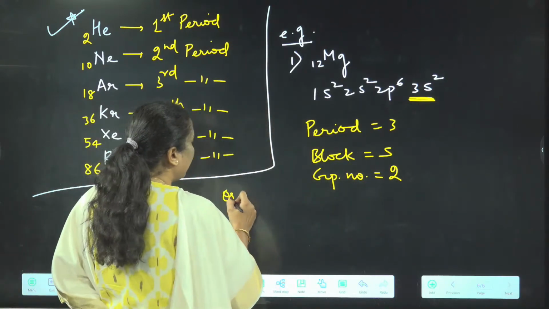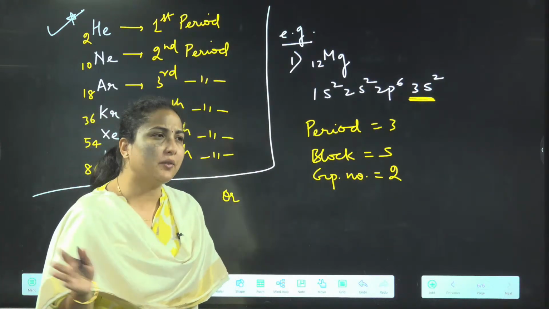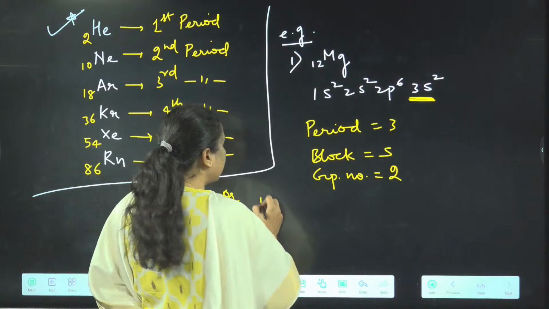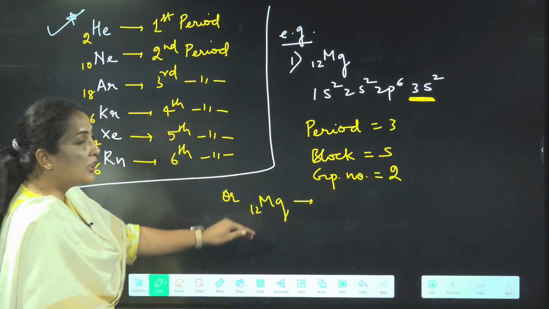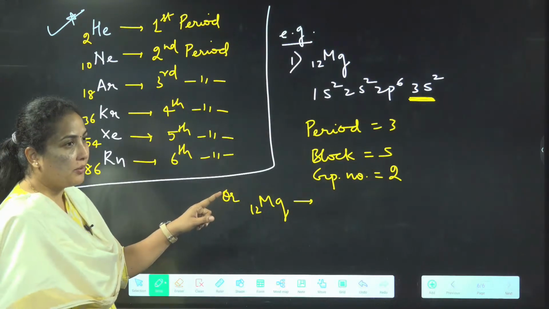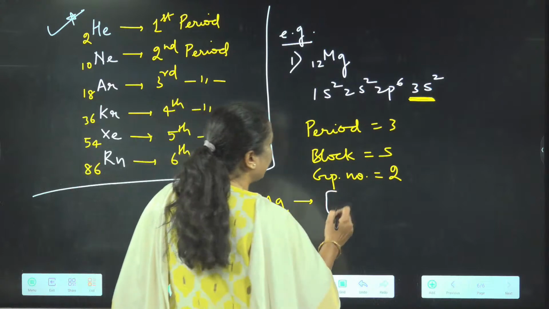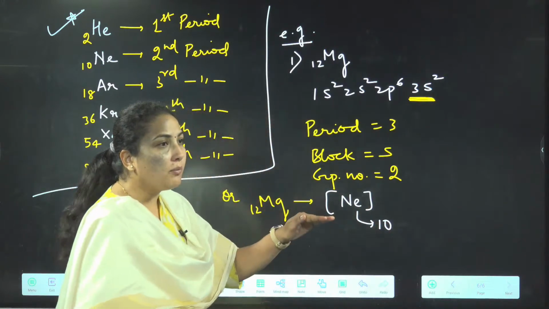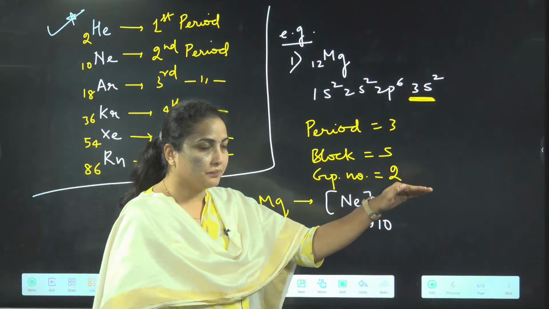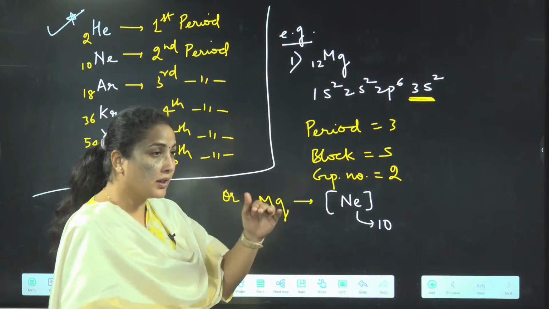Now let us see how we can predict from here. That means in terms of inert gases also, either way, right? Now magnesium, you identify the inert gas just before magnesium. So which would have come? Definitely neon. So we are going to write down neon. So 10 electrons are gone. Now neon marks the ending of second period. So which period is going to fill up now? Third one, right?